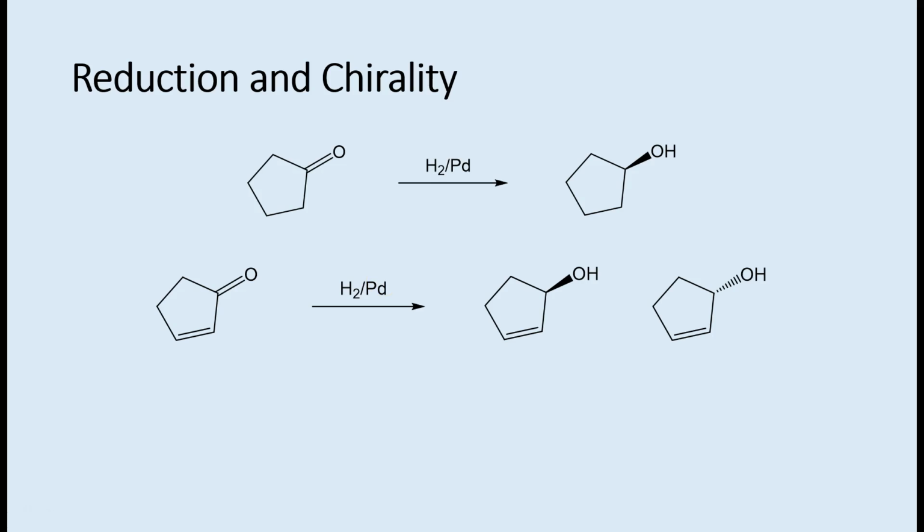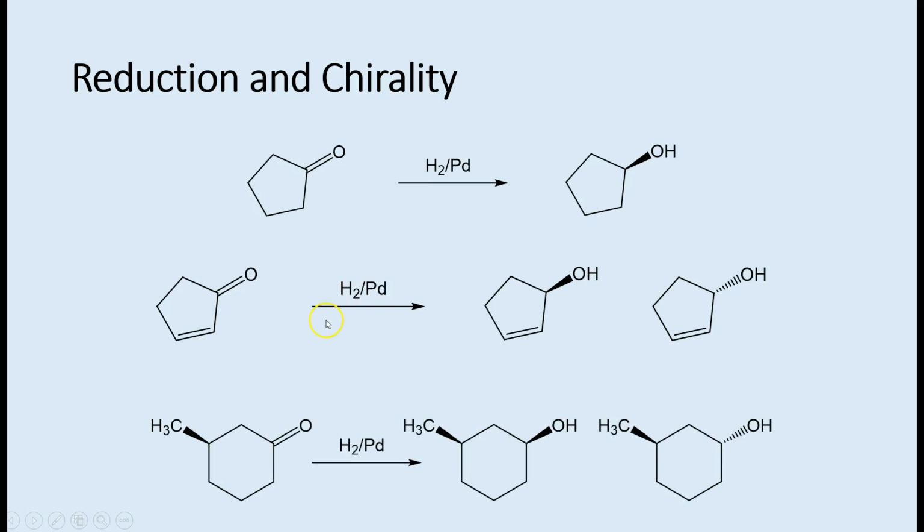There's a third possibility, and that would be a ketone, whether cyclic or not, that already contains a chiral center. So here is 3-methylcyclohexanone, but it's only a single enantiomer of 3-methylcyclohexanone. It has the wedge forward.